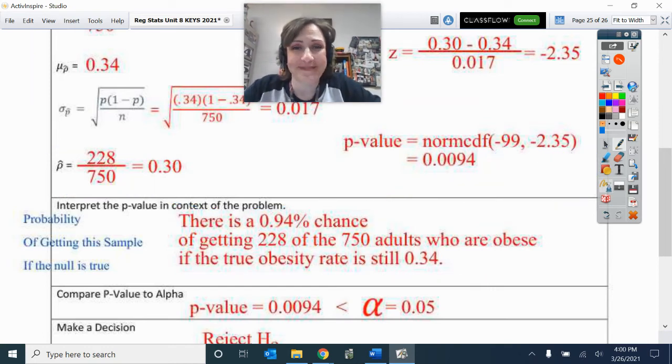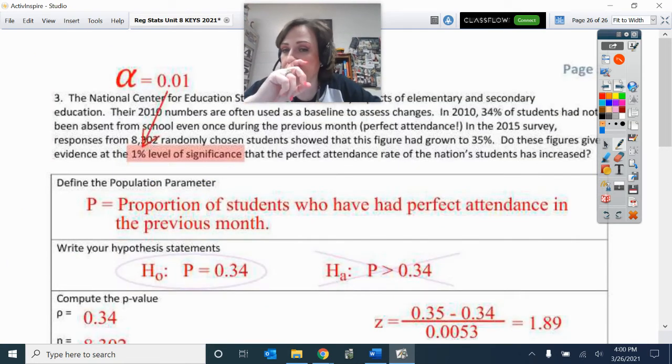All righty then. Last one, moving on. This one caught a lot of people off guard. We have the National Center for Education, who had conducted a study for elementary and secondary education. Their 2010 numbers are often used as the baseline to assess changes.